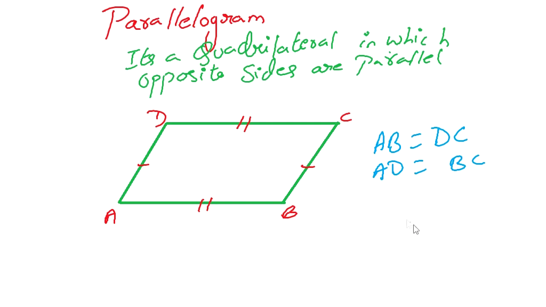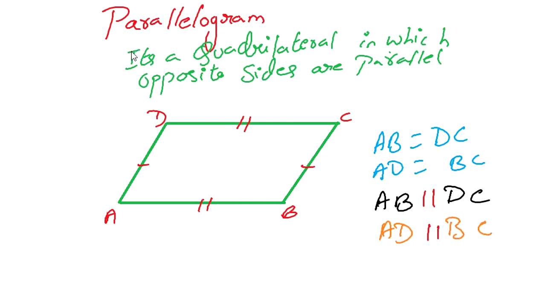That is, you represent that as AB is parallel to DC, and this symbol means the lines are parallel, and also AD is parallel to BC.